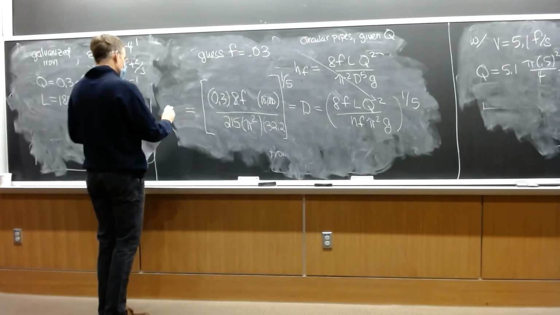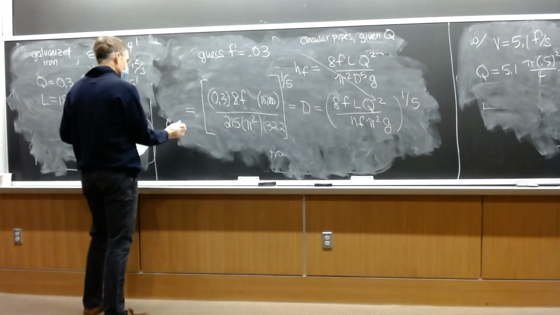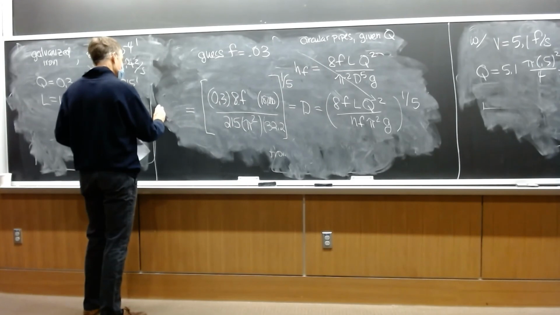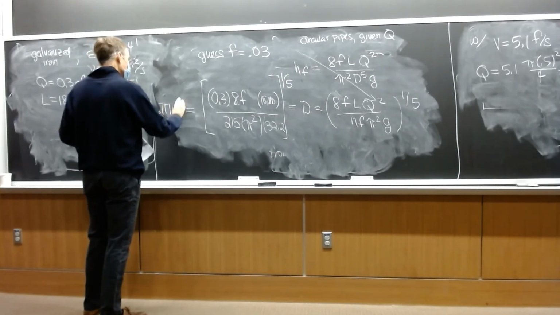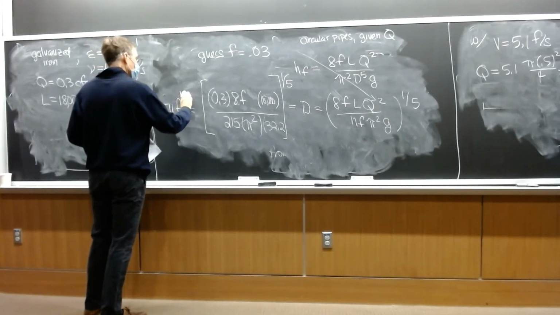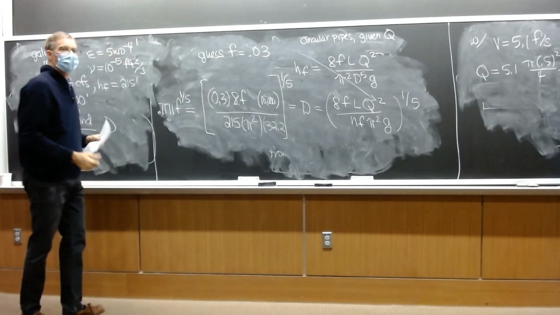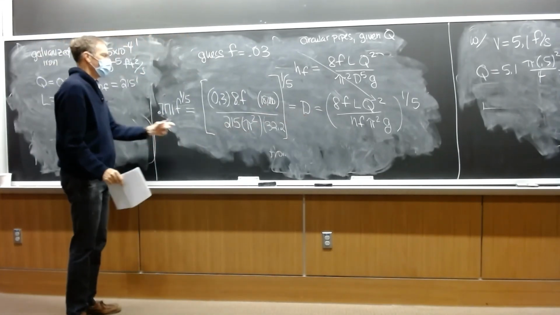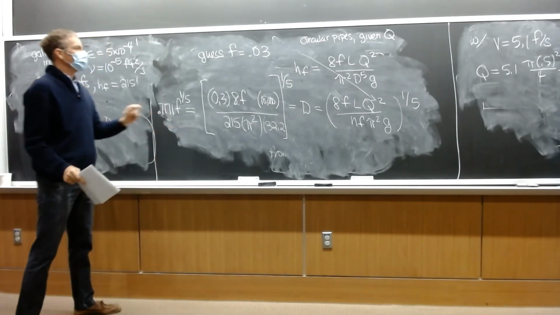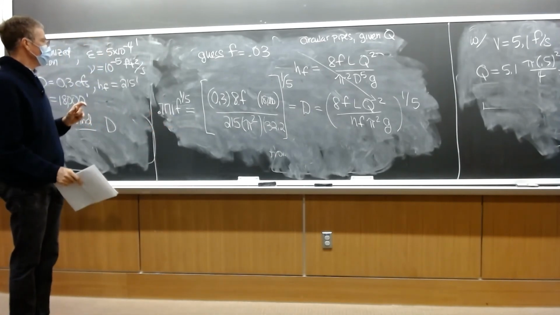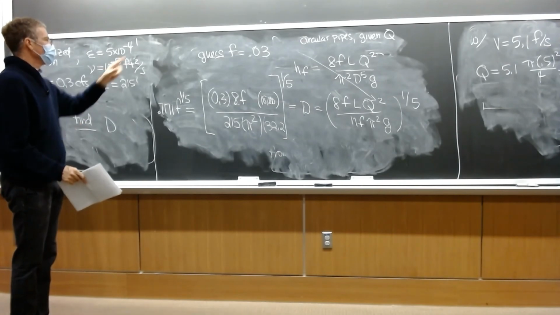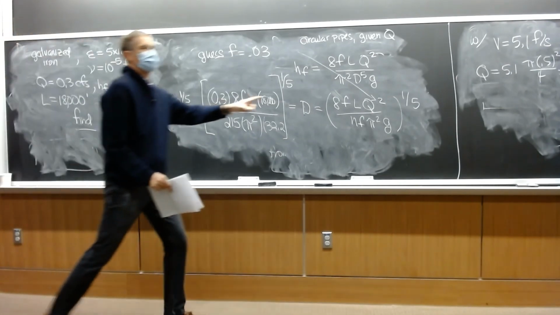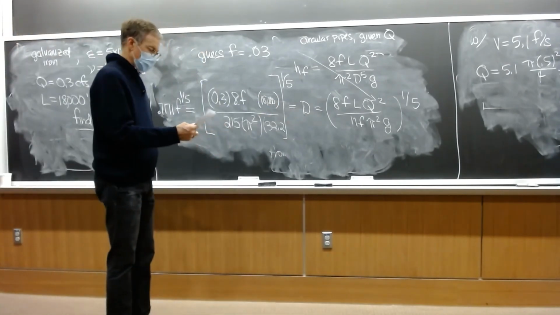What I get is 0.7171 F to the 1/5 is our equation for D as a function of F. All right, so once we guess F, then that gives us D.